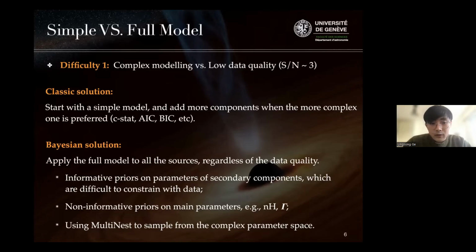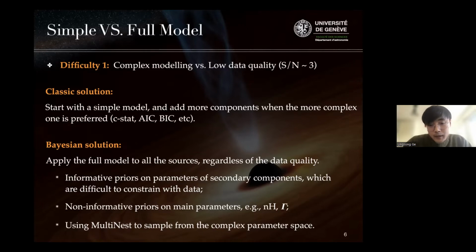What we should do is apply informative priors on the parameters of secondary components like reflection, soft excess, and so on, which are difficult to constrain with our data quality. We can obtain these strong priors from deep surveys like the Swift BAT surveys, where these components can actually be constrained. So we use their knowledge as our prior knowledge in our work.